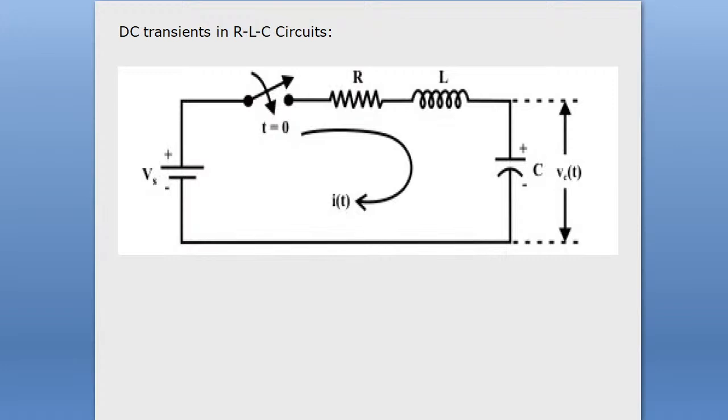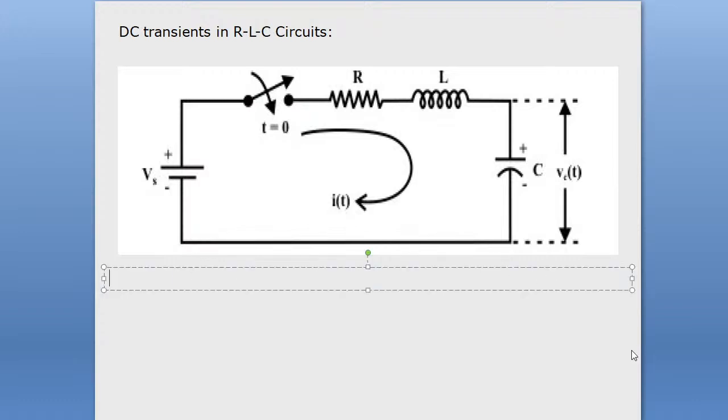First step is to express the system using KVL, the total voltage drop across a closed loop using Kirchhoff voltage law. So first, let me write the Kirchhoff voltage law for this circuit.